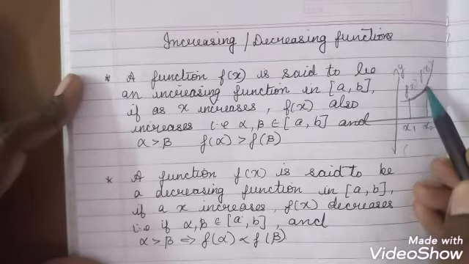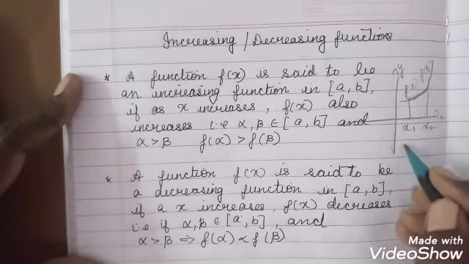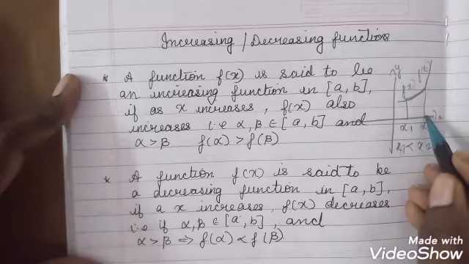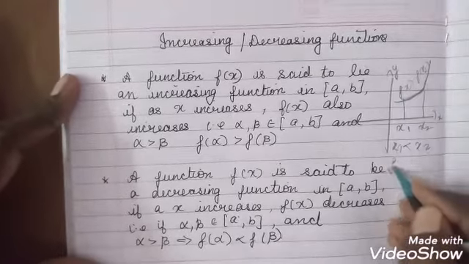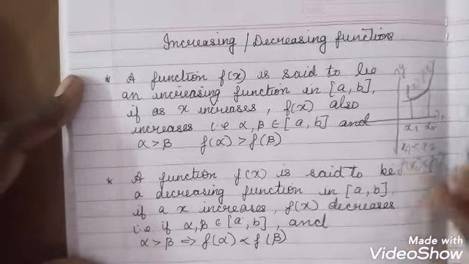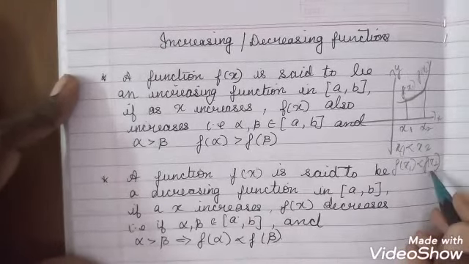So when do you say that it is said to be increasing? If x1 is less than x2, then in that case f of x1 is also less than f of x2. Then in that case what can I say here? It is said to be increasing.